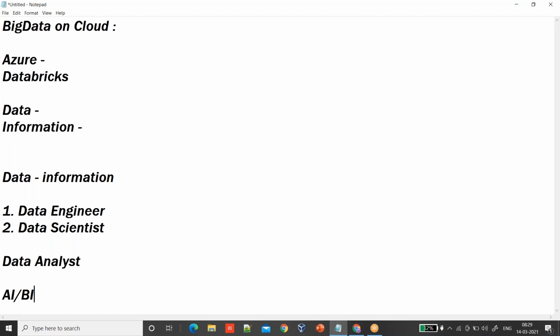And then talking about BI, BI is nothing but business intelligence. We have BI tools like Tableau, Power BI, MicroStrategy, whatnot. They will use these BI tools to visually represent the sales trends, or whatever they want to represent.